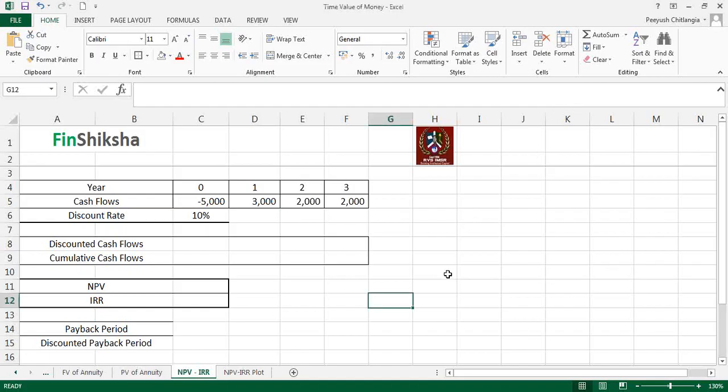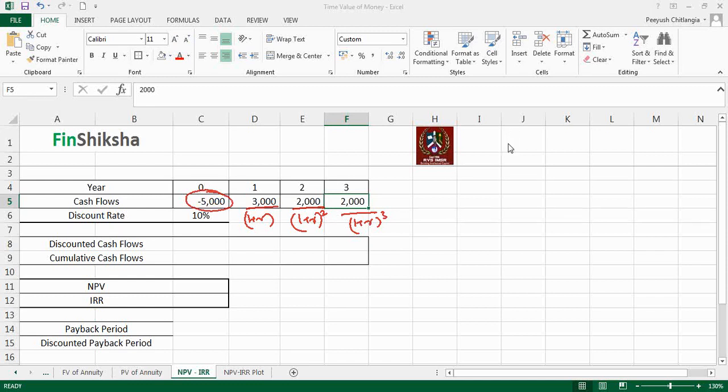So this is our series of cash flows that we just saw, and we have invested 5,000 bucks, and 3,000, 2,000 and 2,000 is what's going to come in. We are saying that effectively I have to discount this by 1 plus r, discount this by 1 plus r square, discount this by 1 plus r cube, and then add the initial payout to see whether I make money on the project or not, right?